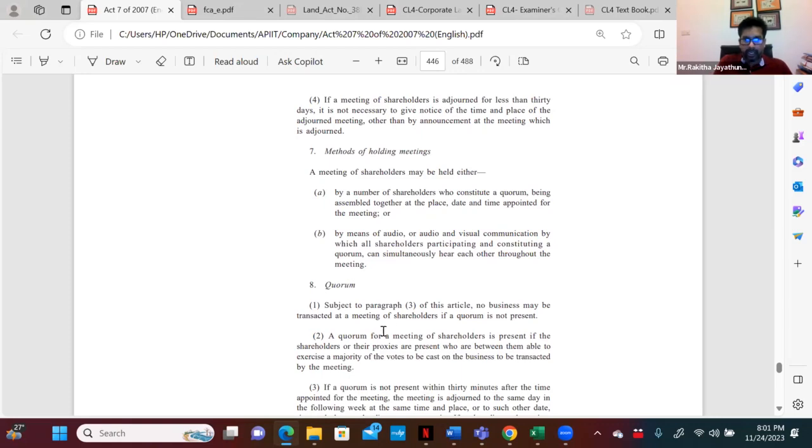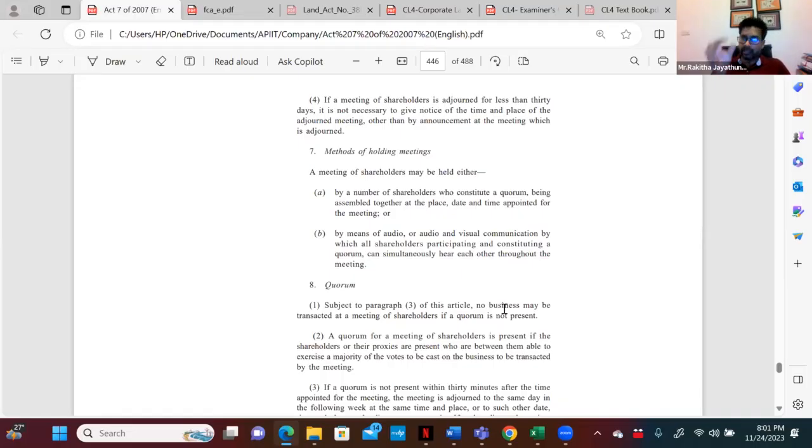What does it say? Subject to paragraph 3 of this article, no business may be transacted at a meeting of shareholders if a quorum is not present. When you're conducting a shareholder meeting, you can't commence the meeting if the quorum is not satisfied.